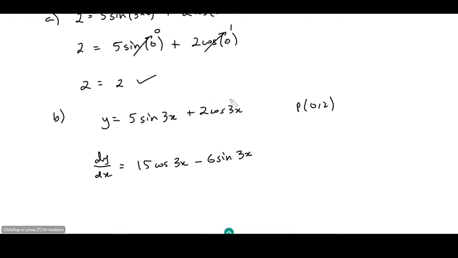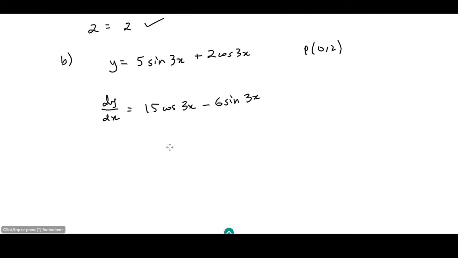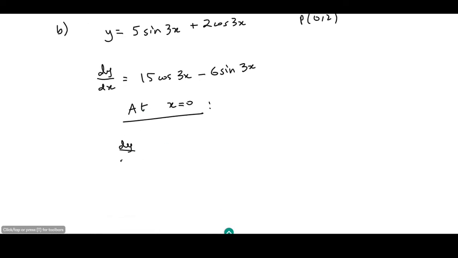These are just standard functions which you should be able to differentiate already. We need to plug in x equals 0. So at x equals 0, dy by dx equals 15 times cos of 3 times 0 minus 6 times sine of 3 times 0, which is 0. We know that cos of 0 is 1. So our derivative is 15 at this point.